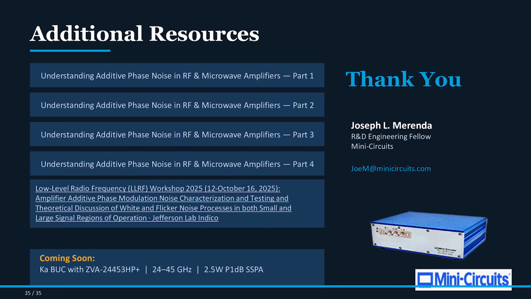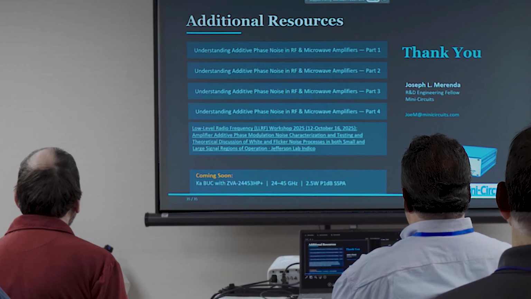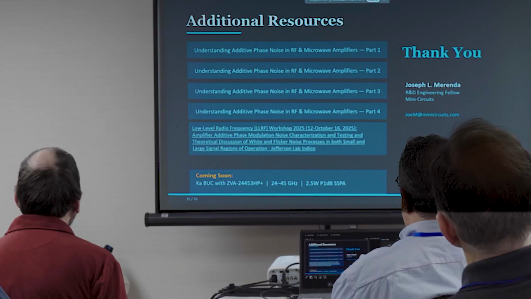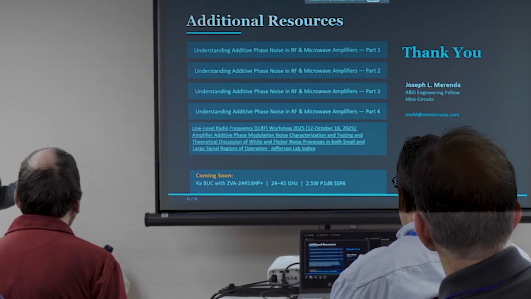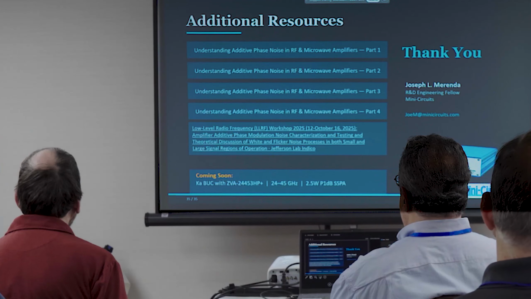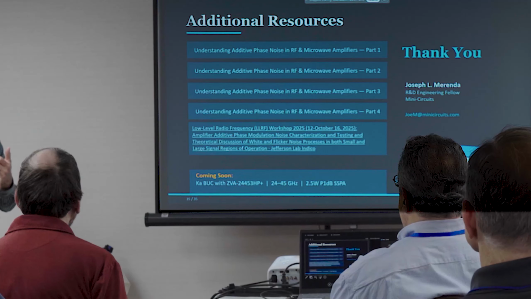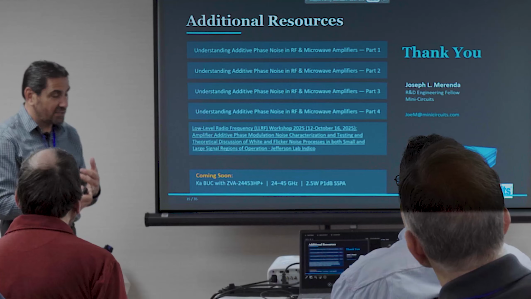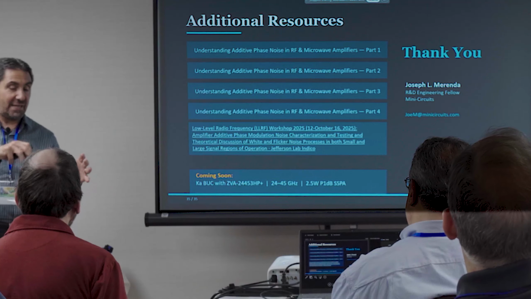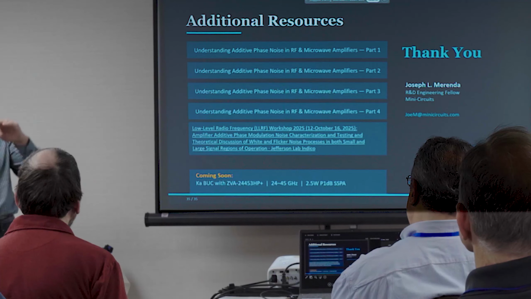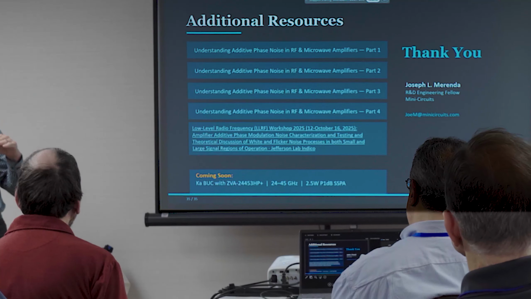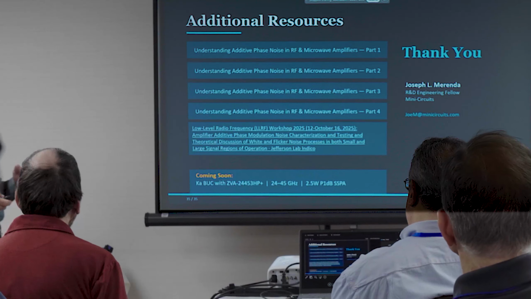And then if you go to our website, we have 4 now webinars that you can watch. And we just put this last one up. This has a lot more information in terms of different device types. We have different types of HBT designs, different types of preamp designs, and you can see the differences in additive phase noise and AM to PM performance across more device types than we have the time to explore here.